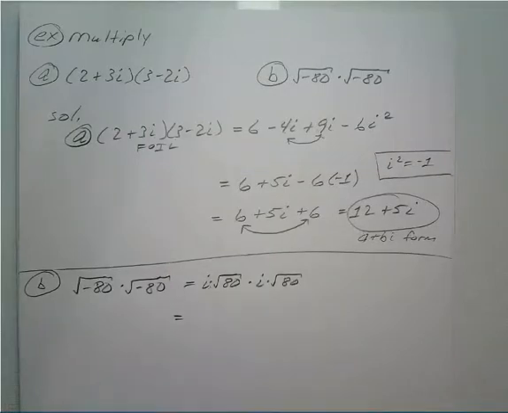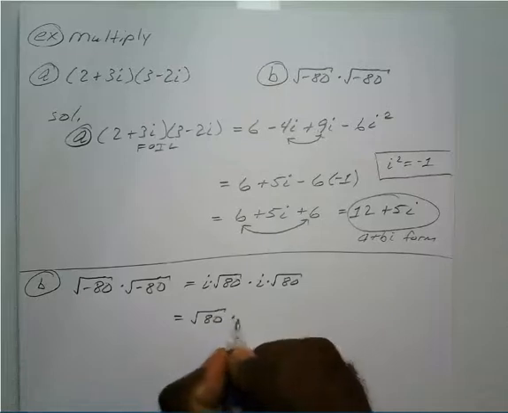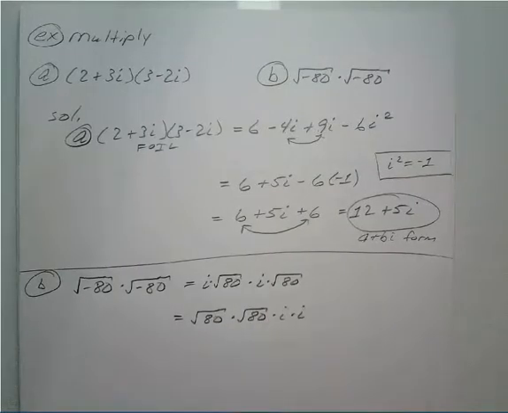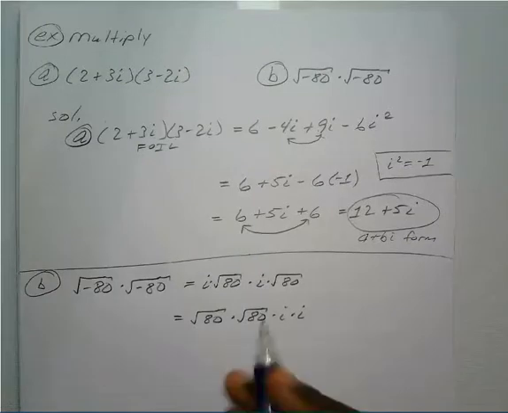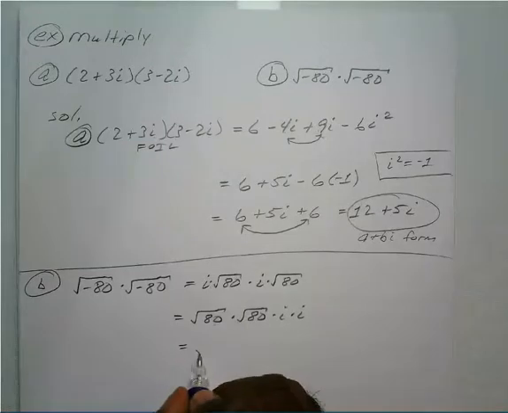So you can go ahead and switch those around if you want. So you have square root of 80 times square root of 80 times i times i.